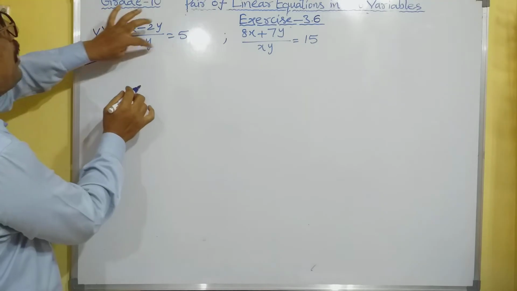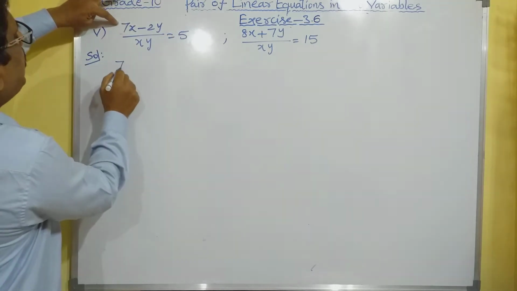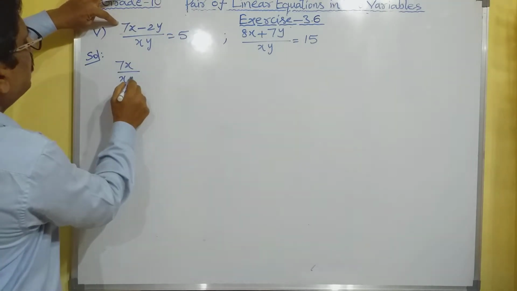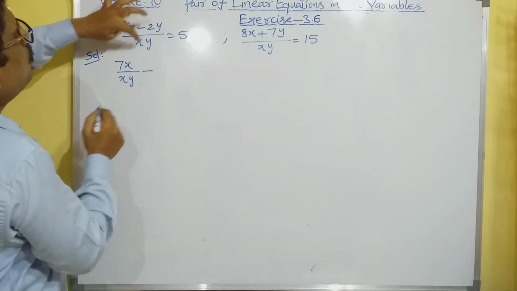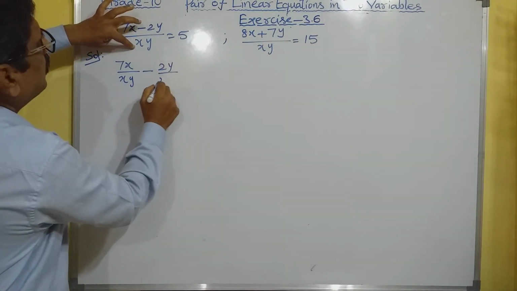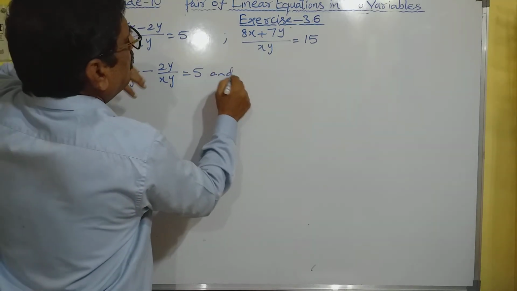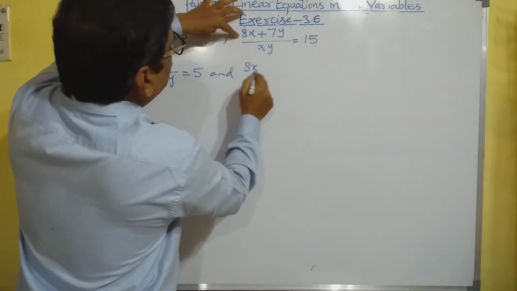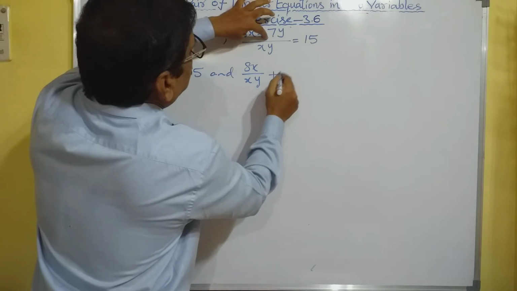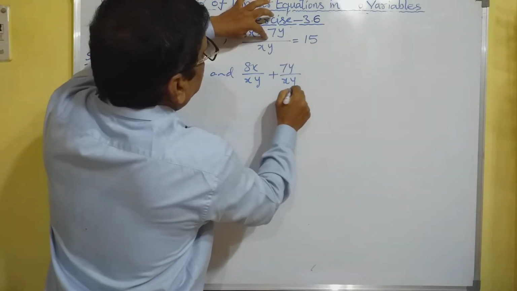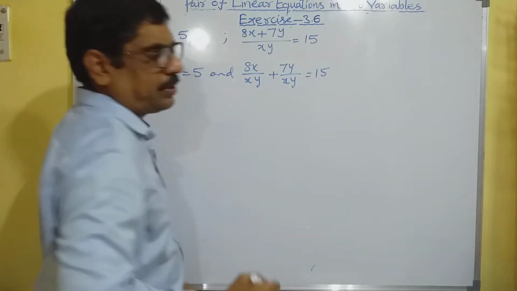7x minus 2y by xy is equal to 5. Now let us write 7x by xy minus 2y by xy is equal to 5 and 8x by xy plus 7y by xy is equal to 15.